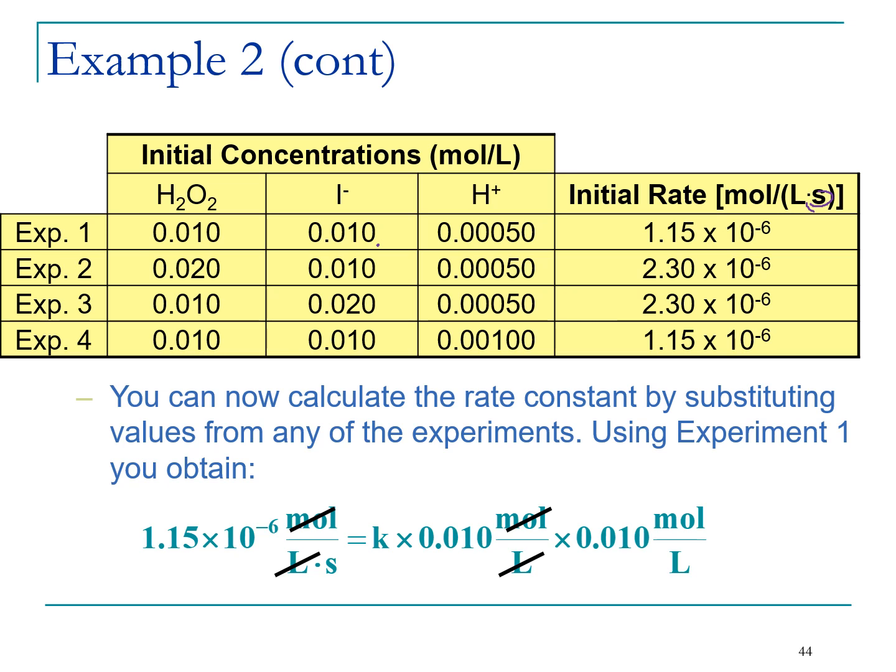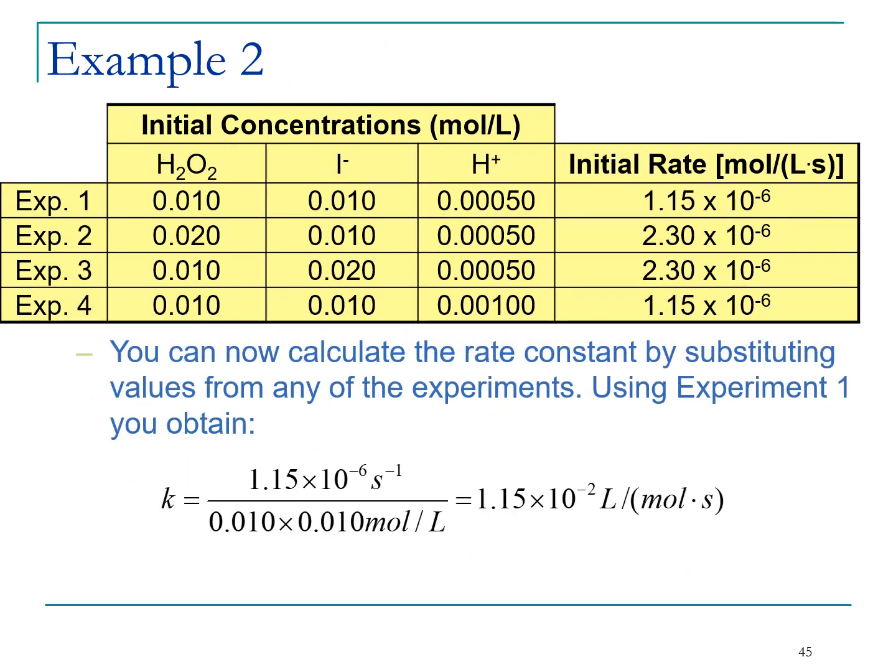And if you do the math, 1.15 times 10 to the minus 6 divided by 0.010 divided by 0.010 gives you 1.15 times 10 to the minus 2 per molar per second.